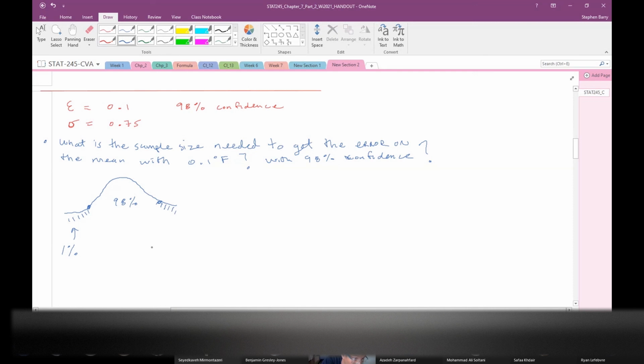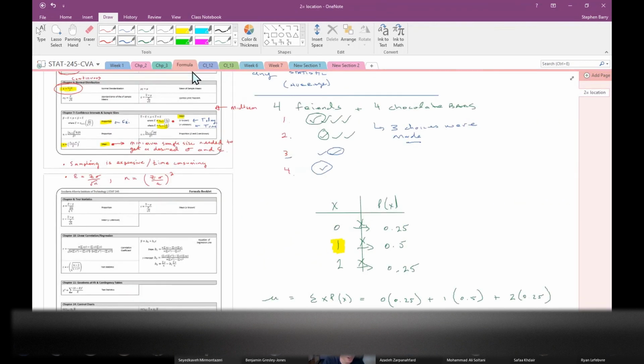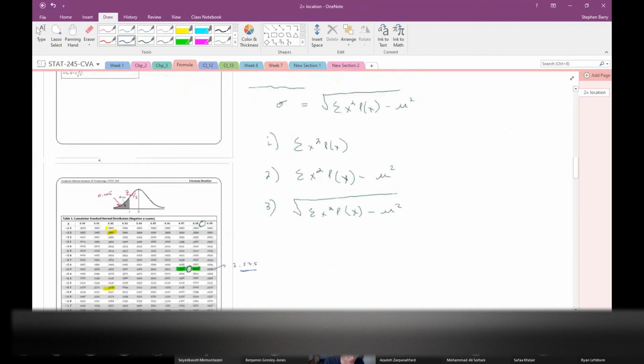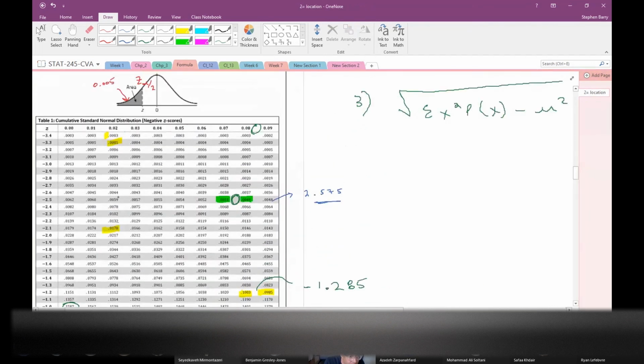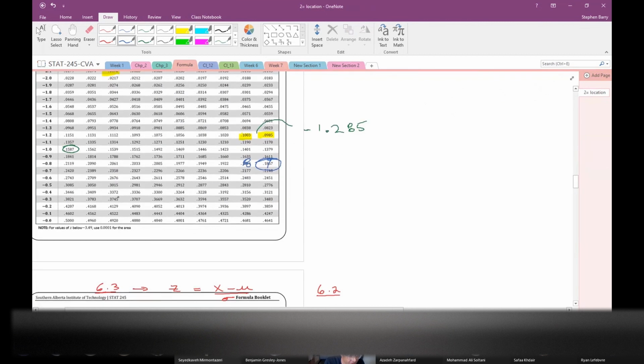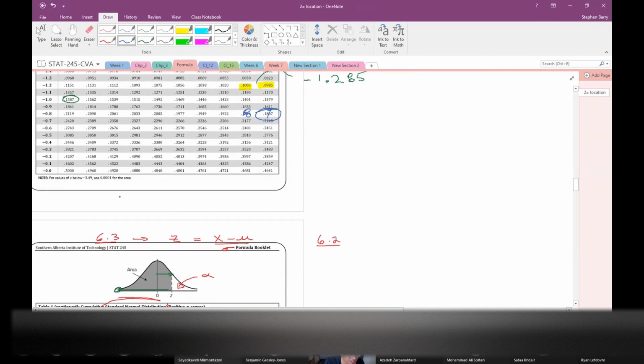We have to look up a Z-score that corresponds to 0.01. And this is a very popular one. You'll see it a lot on your Z-score chart, or just in your life in this statistics course anyways.